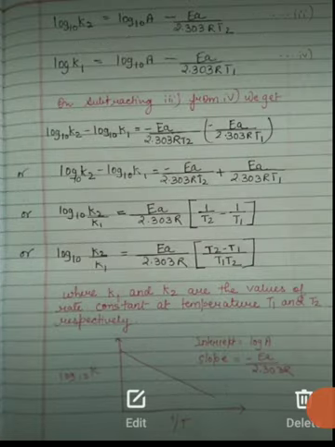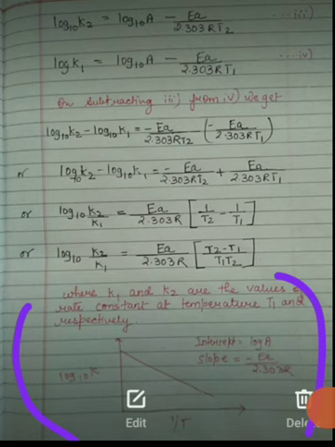On plotting a graph, we will take log10 k on the y-axis and 1/T on the x-axis. So this will give a straight line, and the slope will be -Ea/(2.303 R), and the intercept will be log A.